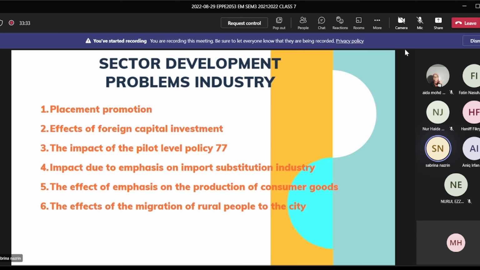Number 3, the impact of a pilot level policy. Number 4 for the problem is the impact due to the emphasis on import substitution industry. Number 5, the effect of emphasis on the production of consumer goods. And the last one, the effect of the migration of rural people to the city.